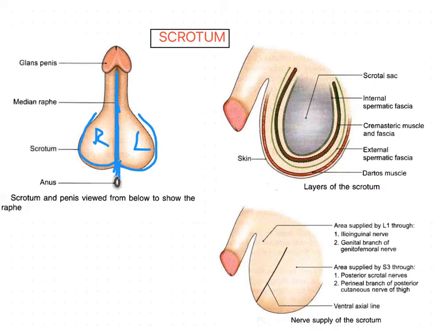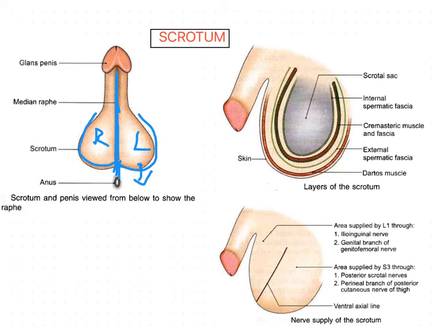The left half of the scrotum hangs a little lower than the right, which corresponds to the greater length of the left spermatic cord.